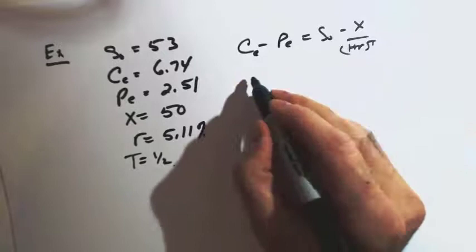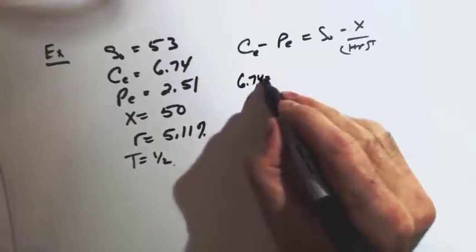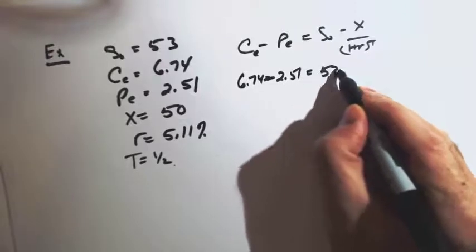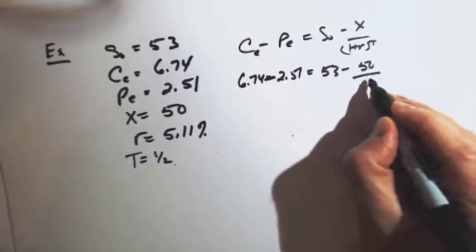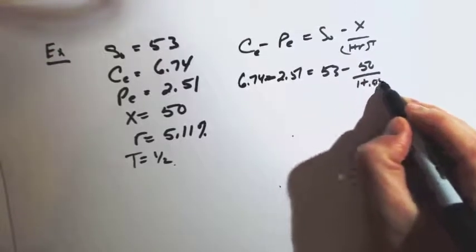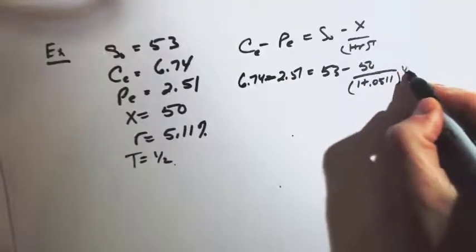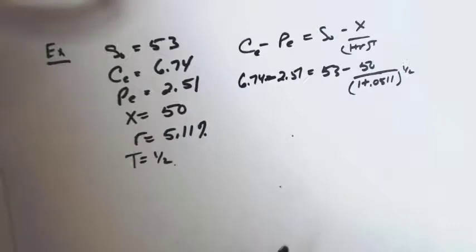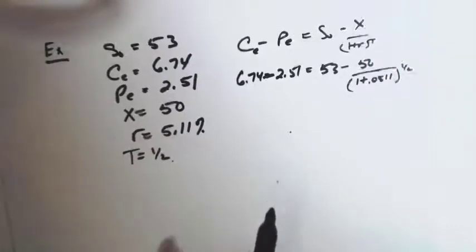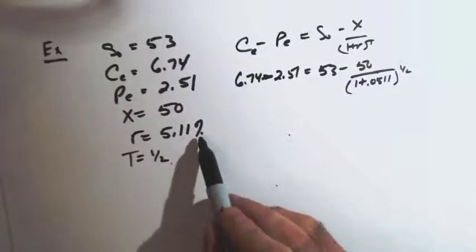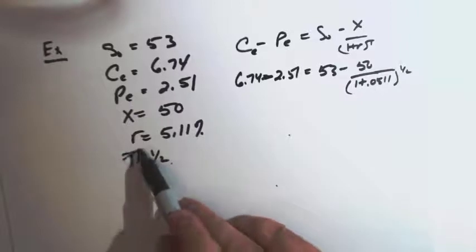So plug the numbers in. 6.74 minus 2.51 equals 53 minus 50 divided by 1 plus 0.0511 to the 1/2 power. Now keep in mind, the interest rate you see is always on an annual basis, so the interest rate doesn't match the maturity.